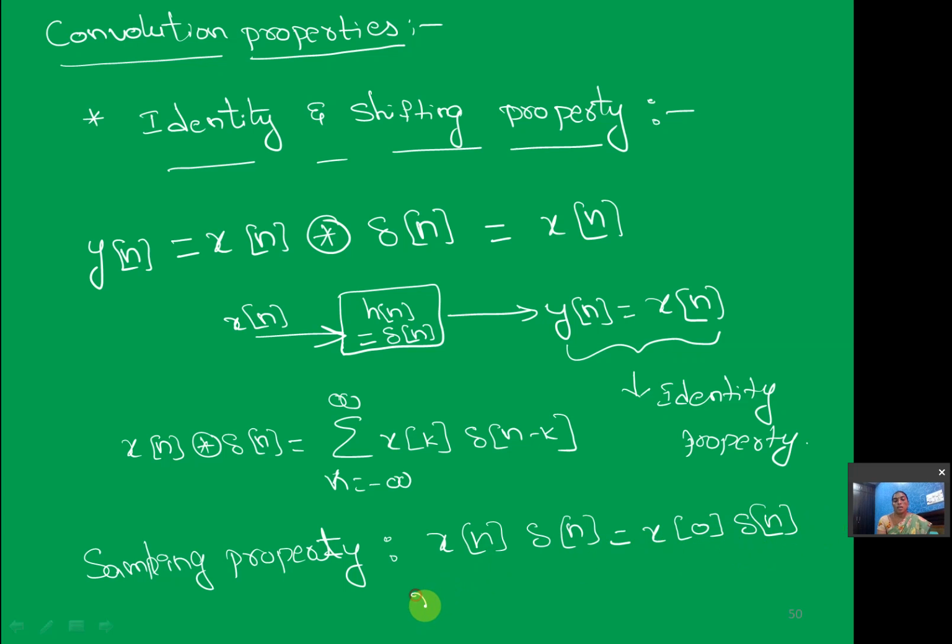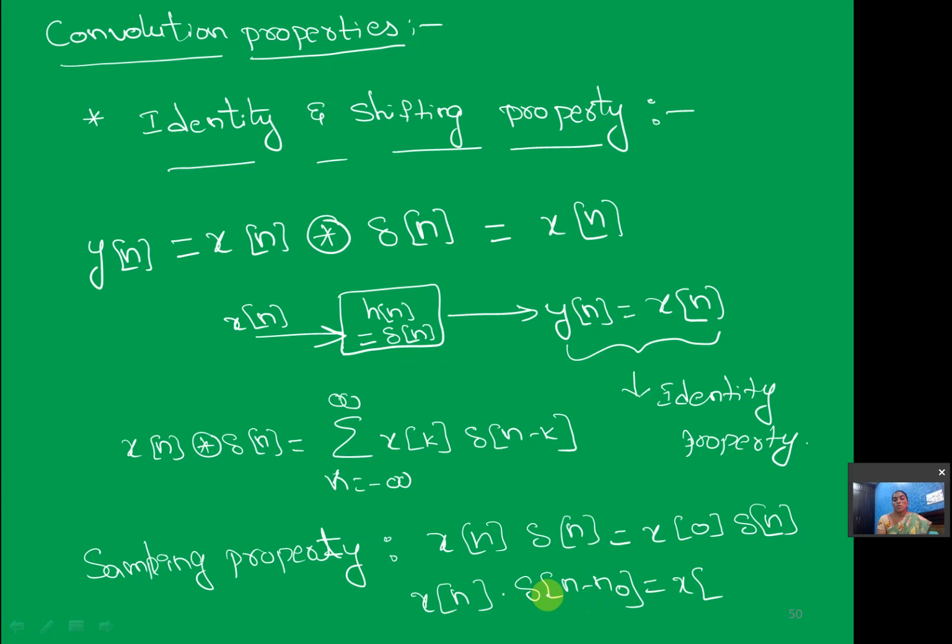Then we have another one, x of n into del of n minus n naught. Here del of n minus n naught is equal to 1 at n is equal to n naught, otherwise 0. That means it exists only at n is equal to n naught.